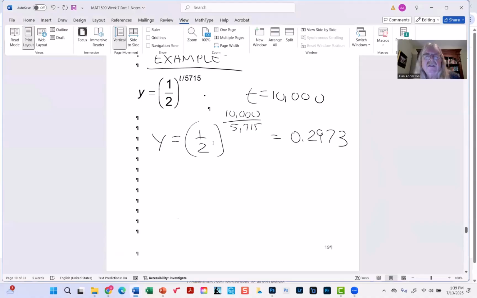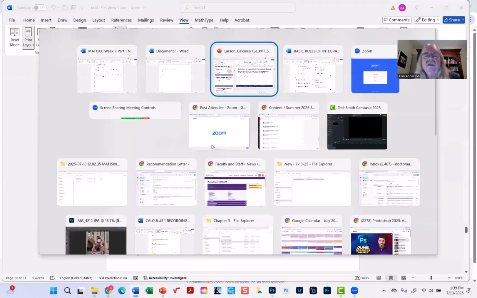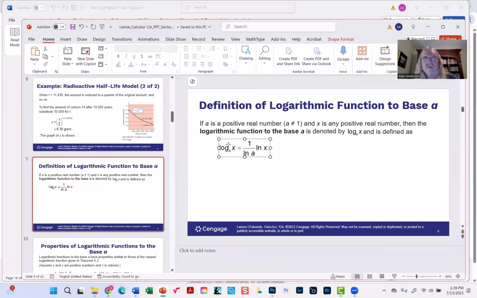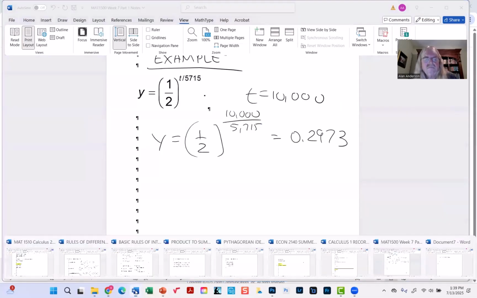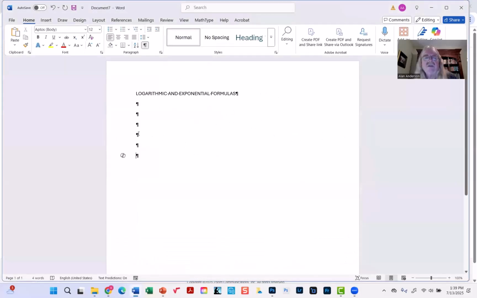Okay, so we'll need the one we had a few minutes ago. Well, we'll start with this one. And of course, I'll post this in Brightspace so you can print it out if you need it.